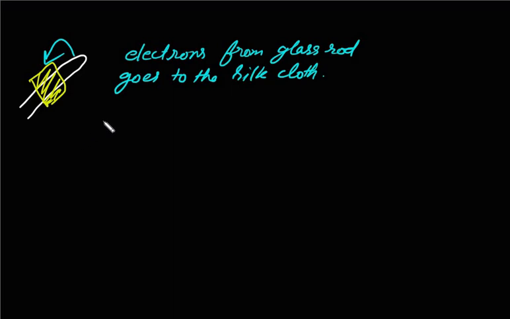Okay, in today's date we know this, it was not known back then. For example, let's just say 10 electrons from the glass rod move to the silk cloth during the process of rubbing.